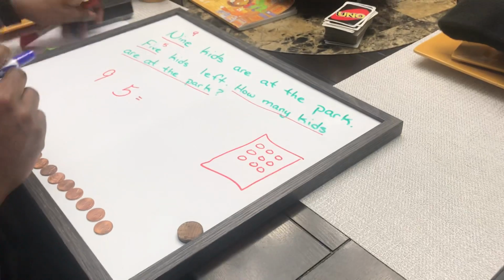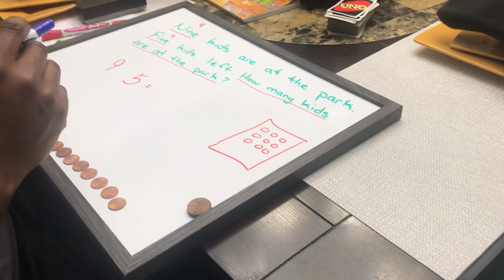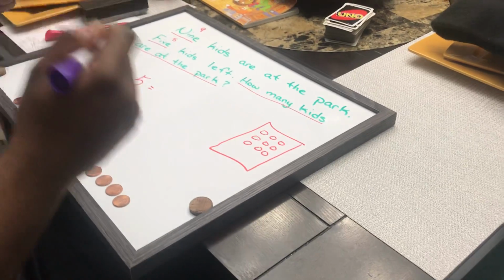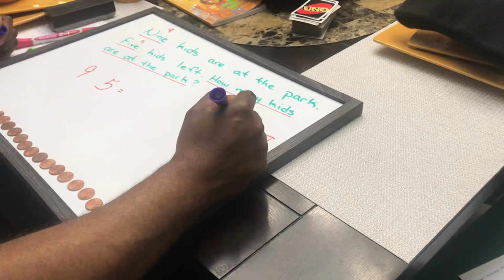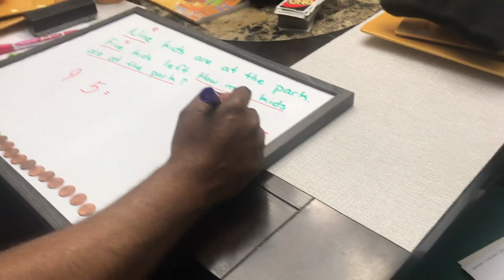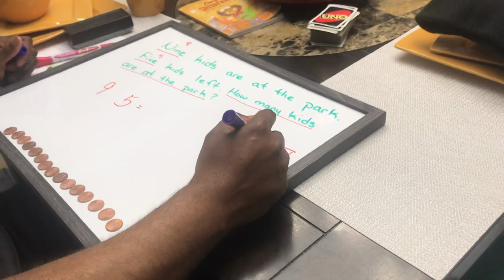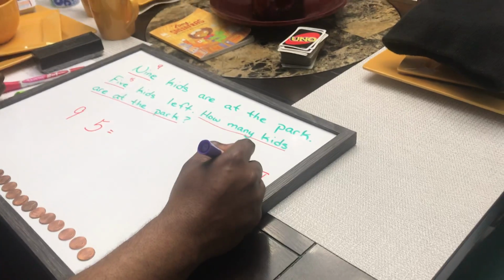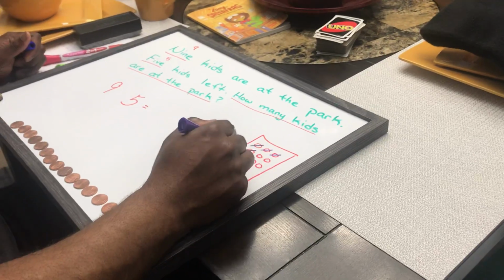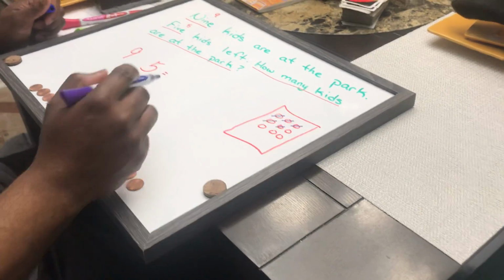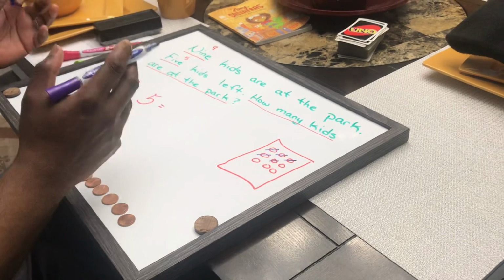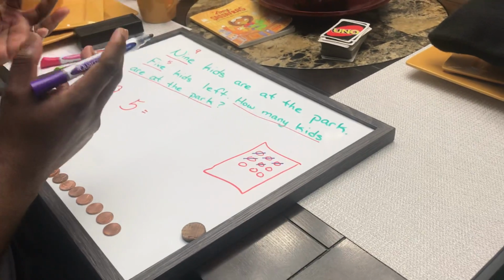Uh-oh. When they left, that means they went away from the park. So that means they were removed from the park. So we have 5 kids that were removed. 1, 2, 3, 4, 5. Uh-oh. Remove. That means to take away.